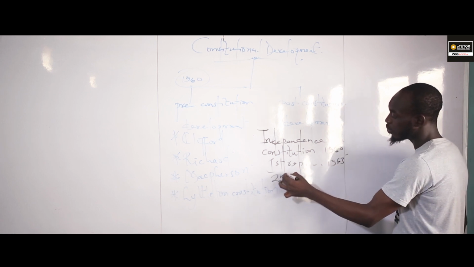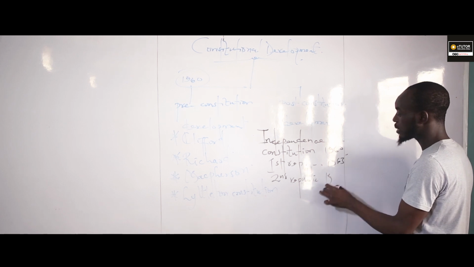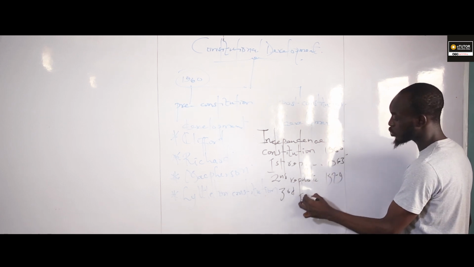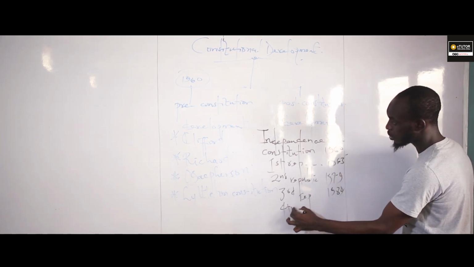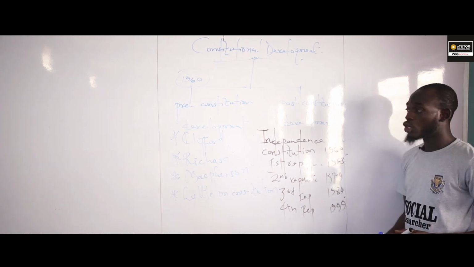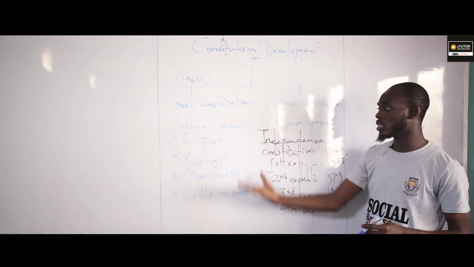We have the Second Republican Constitution, 1979. We have the Third Republican Constitution, 1989. We have the Fourth Republican Constitution, 1999.